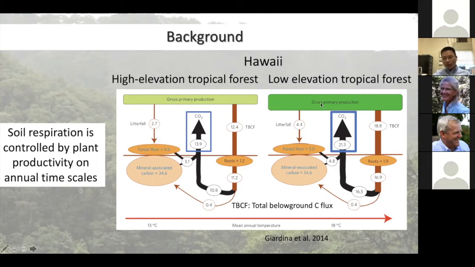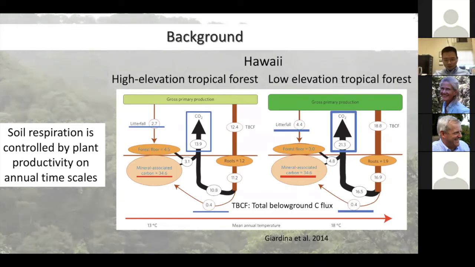So we found that higher GPP at low elevation has higher CO2 flux. But the study also found that SOC didn't change among these forests. And most of the CO2 comes from the TBCF and the litter.